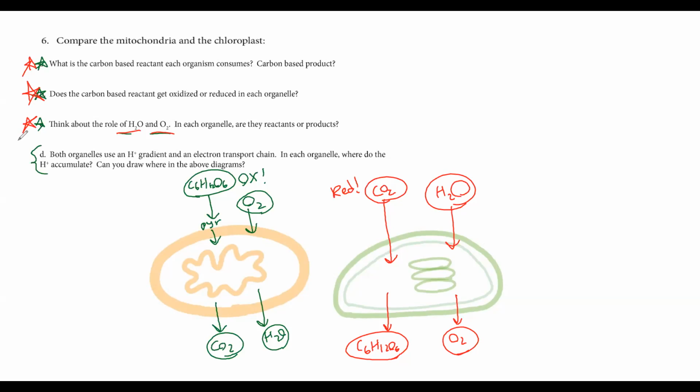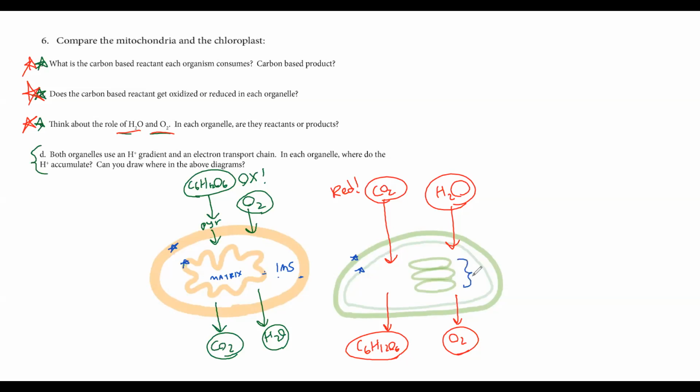Cool. So before we go into this next part, we need to talk about these organelles, right? So the mitochondria has a double membrane, one membrane here, one membrane here. Here we have the intermembrane space in between the two membranes, and then we have the matrix in the middle. The chloroplast is a little different.